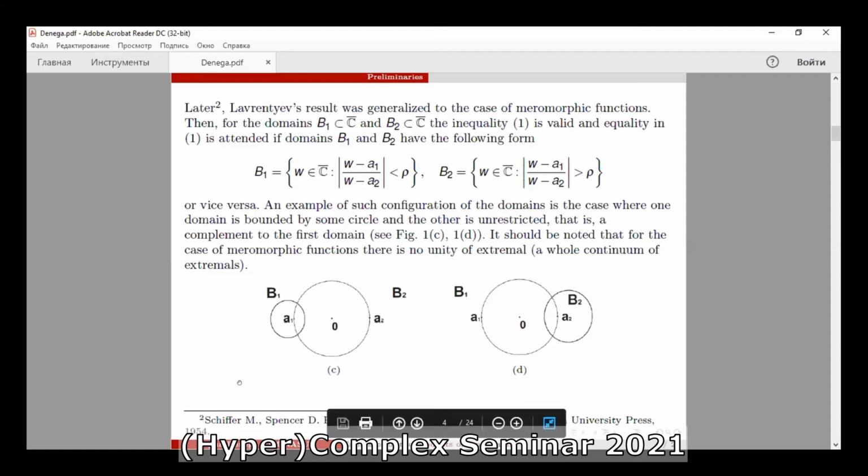An example of such a configuration is the case when one domain is bounded by some circle, in this case B1, and on this picture B2, and the other is unbounded, that is, the complement of the first domain. In this case, we have a whole continuum of extremals.